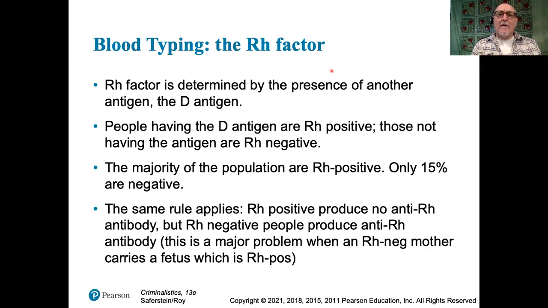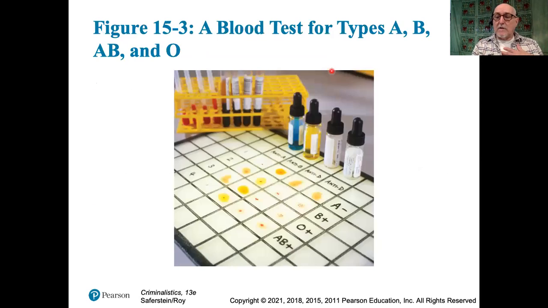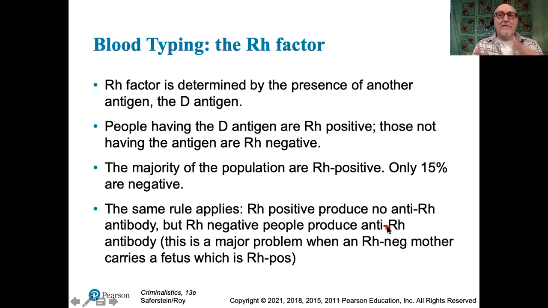Oh, there's one other circumstance. Hold on, I'll just explain it very briefly, not in detail at all. There is one circumstance where the Rh factor becomes very important, and that is it's possible for a woman who is Rh negative to carry a fetus that is Rh positive because they've inherited the gene from the father. So the fetus can be Rh positive, the woman Rh negative.